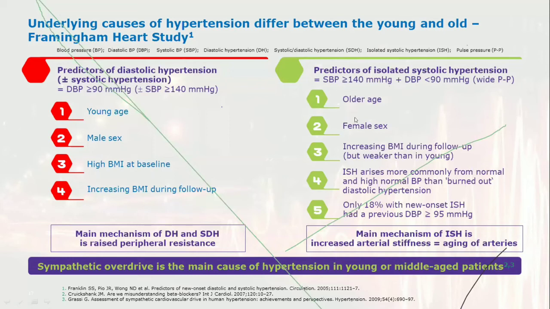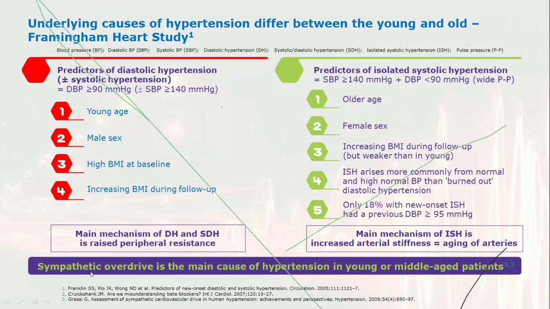Now, in the elderly population, where you have isolated systolic hypertension, this is a little bit more difficult to treat because here you have an increased arterial stiffness. There's an aging of the arteries which you can't reverse. And in diastolic hypertension, there's an increase in the peripheral resistance.